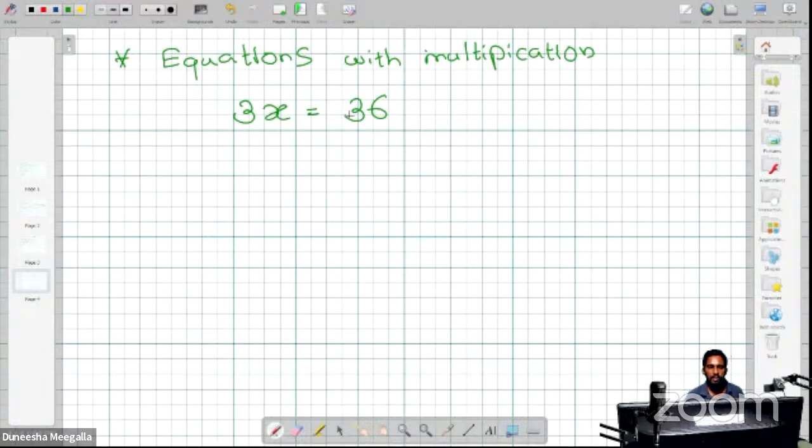If there is a multiplication, what is its inverse? What is the inverse of multiplication? If there is a multiplication, we can divide both sides by 3.